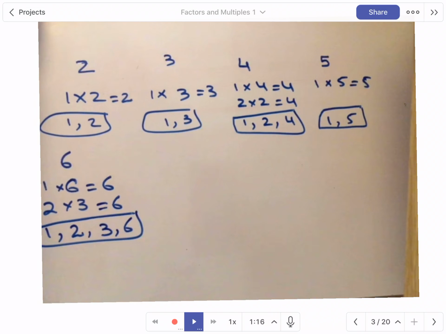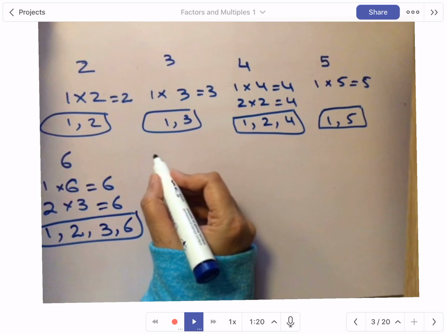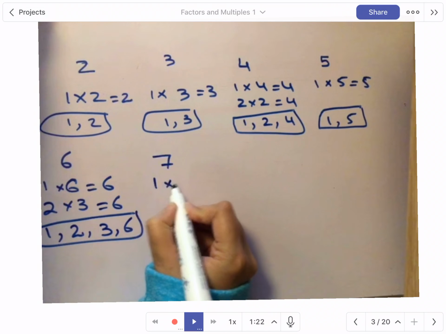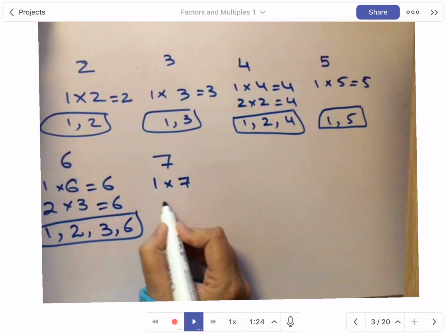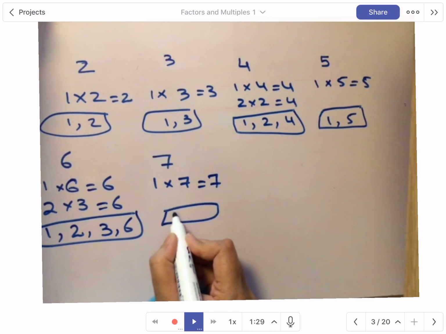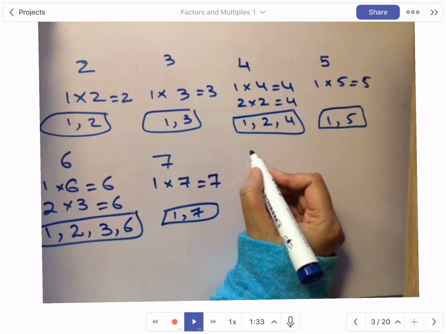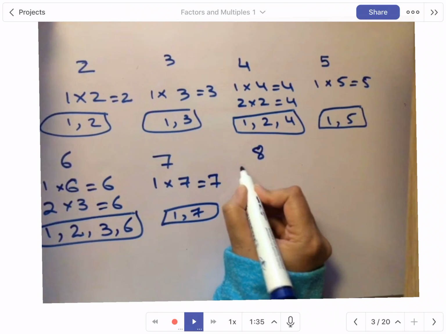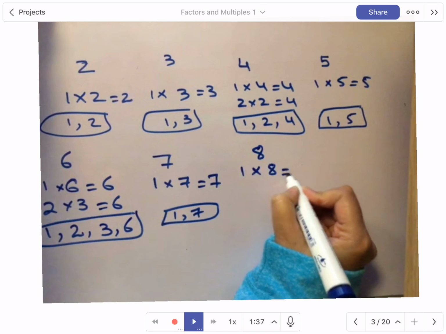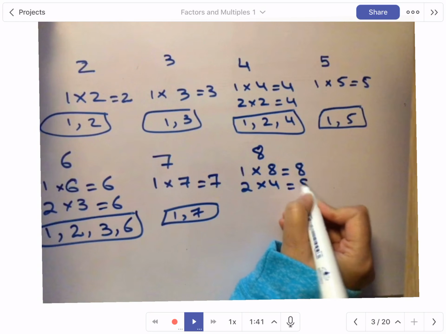We have 4 factors of 6. And what will be the factors of 7? Any guesses? Yes, it's 1 and 7. So as you can observe, there are certain numbers which have only 2 factors, the number itself and the number 1, and there are other numbers which have more than 2 factors.